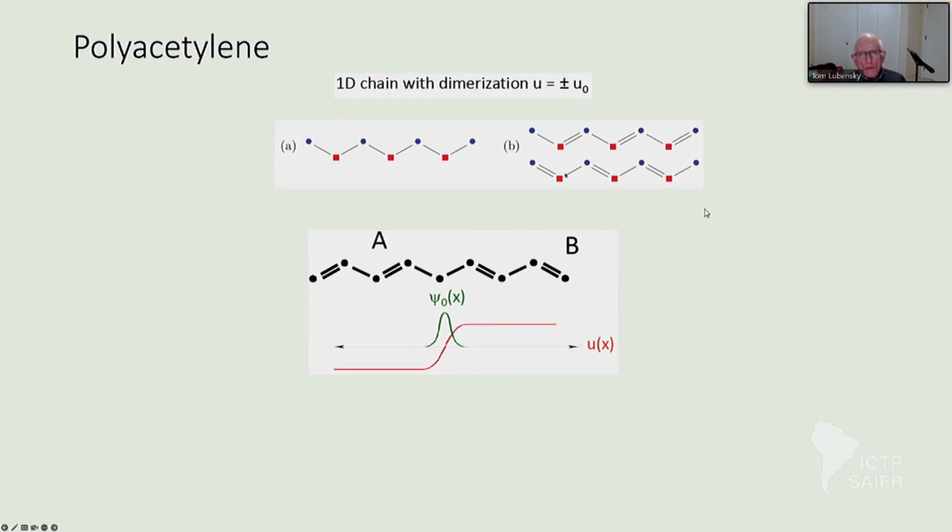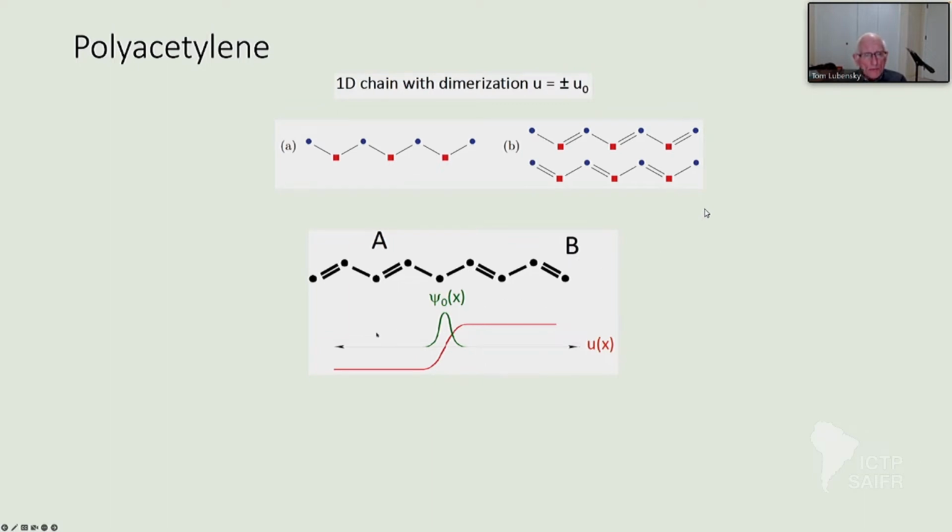So if I'm talking about the electronic states, it hops more easily from this to this than it does from that to that. But nonetheless, this has modes that have zero energy that are started at either end, depending upon the conformation.